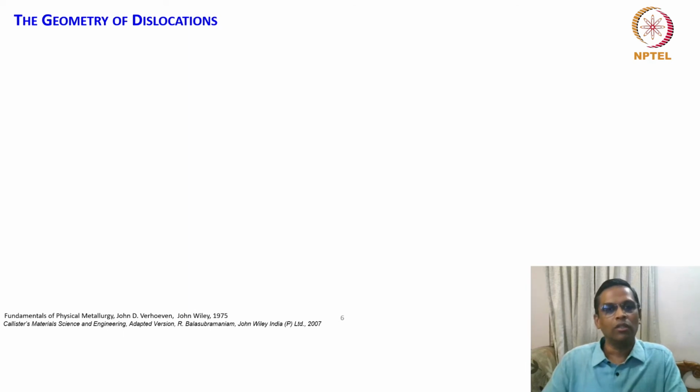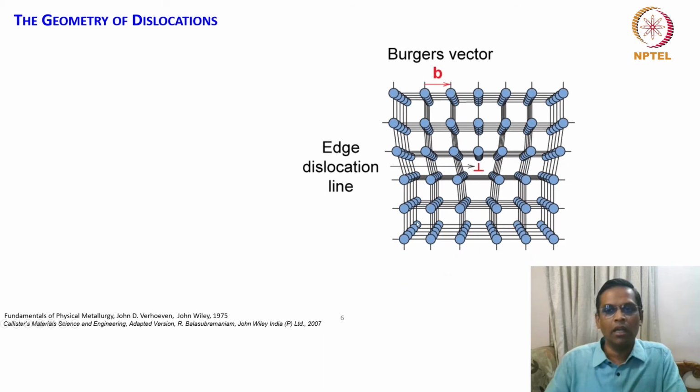Now we will slowly see what a dislocation is, and first we look at the geometry of dislocations. This is a nice schematic of a dislocation, which is called an edge dislocation. You see the view of atom columns, looking at it from the front.